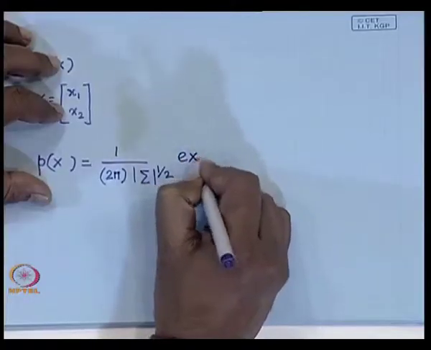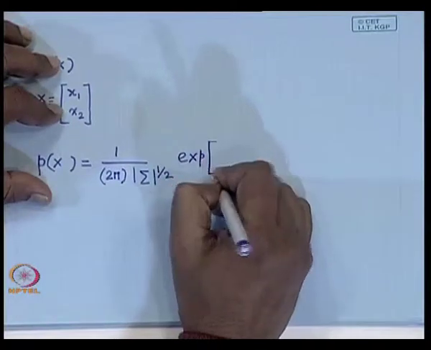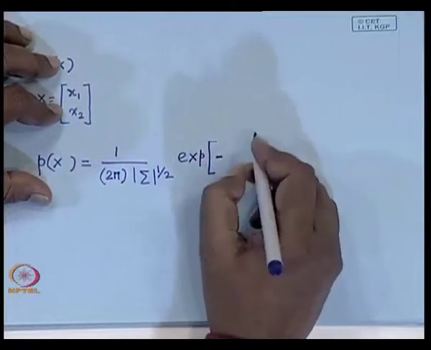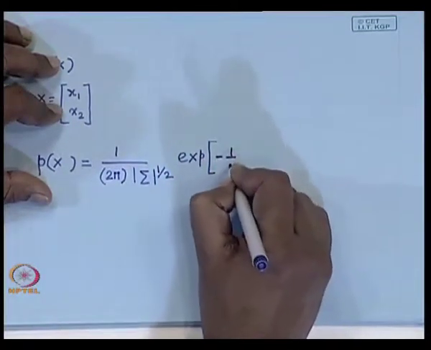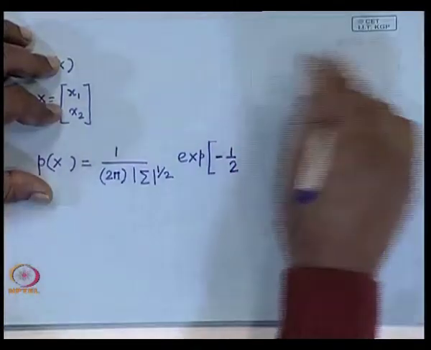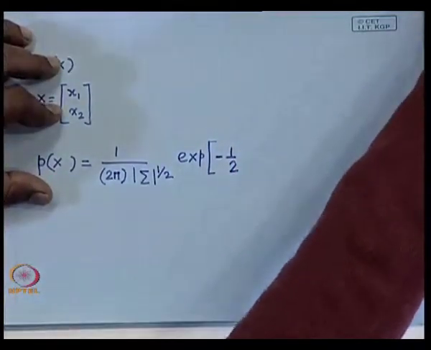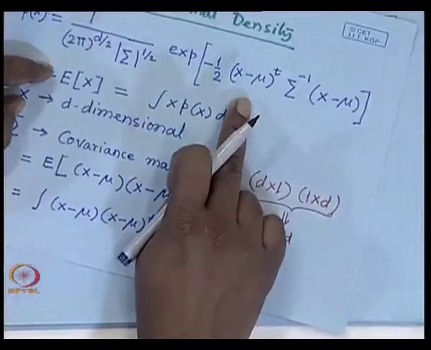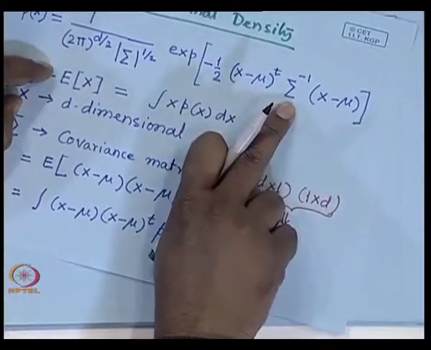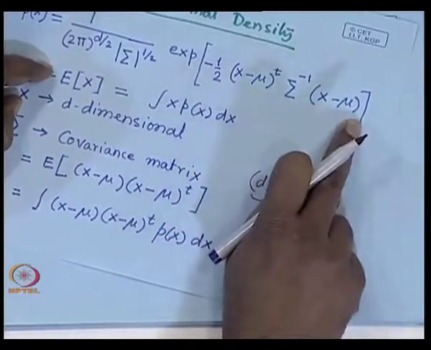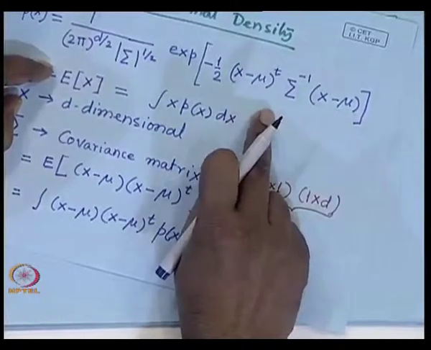Okay. So, this into exponent of again minus half. Then this term x minus mu transpose sigma inverse into x minus mu.